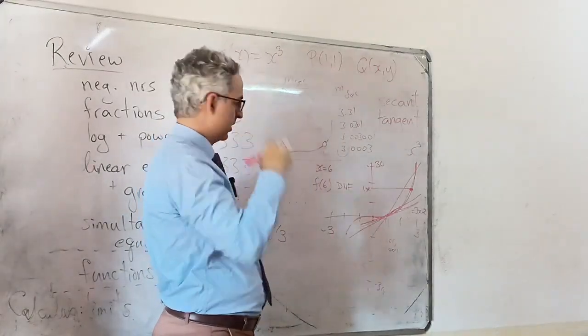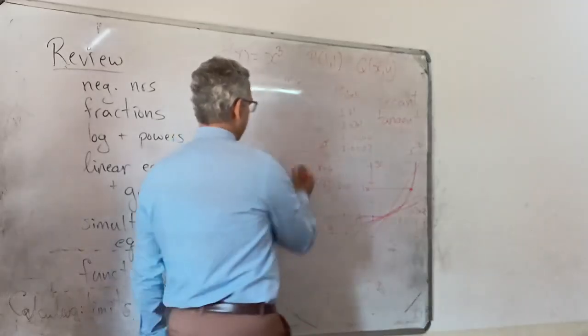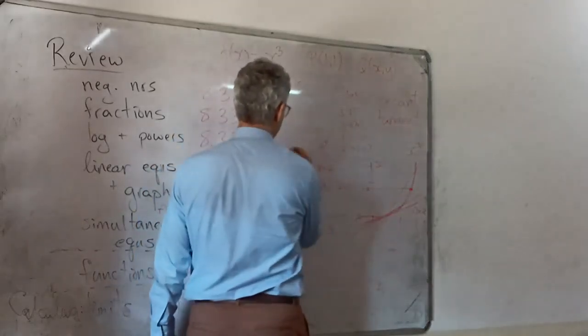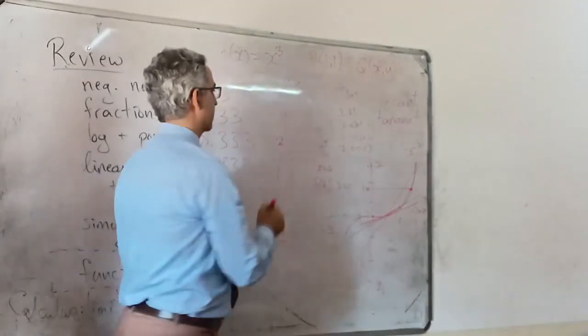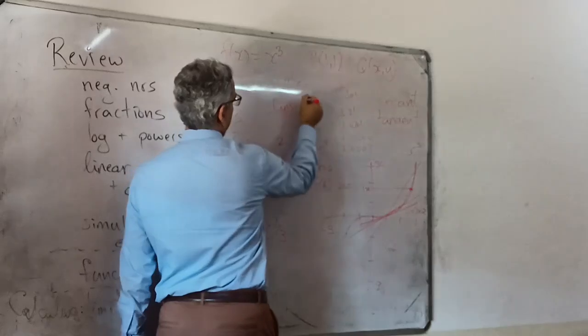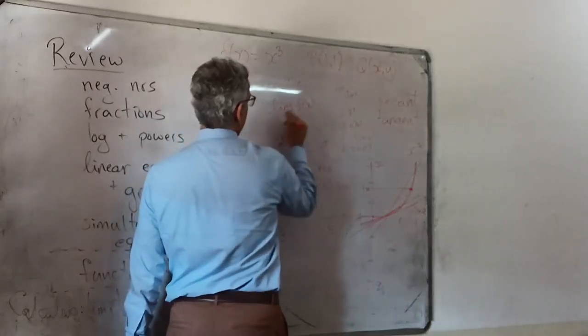What is the limit? Let's call this 2 on the y-axis. What is the limit of f of x as x approaches 6?